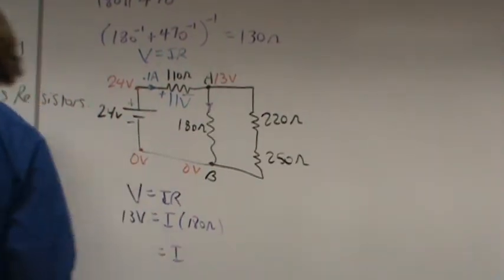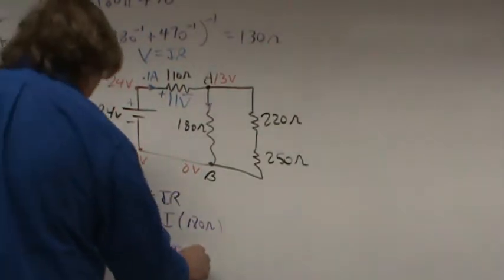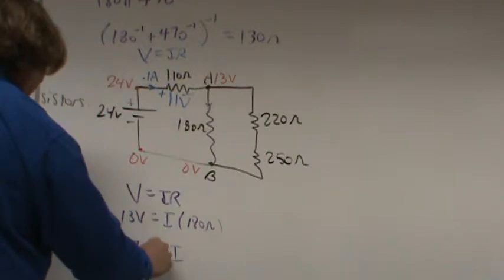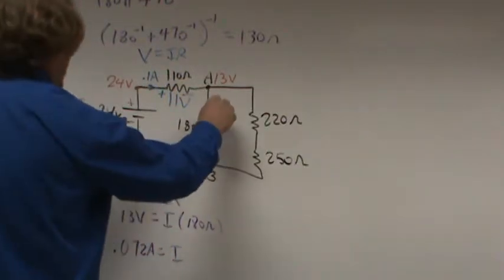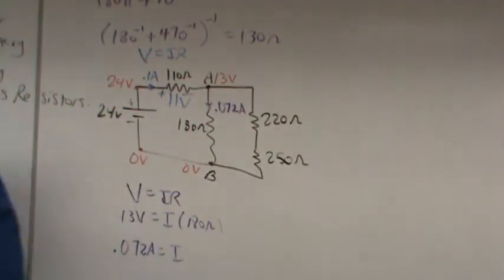And so I get a current of, here, let me get my little calculator. 13 divided by 180, so I get 0.072 amps. Okay, so I just found the current here, 0.072 amps.